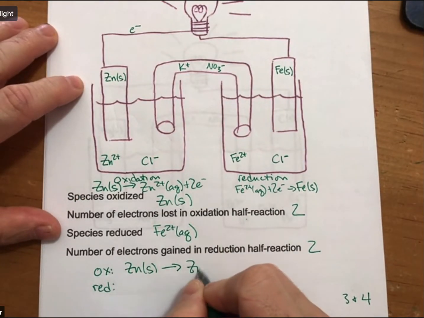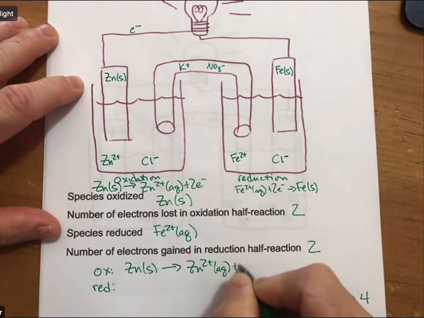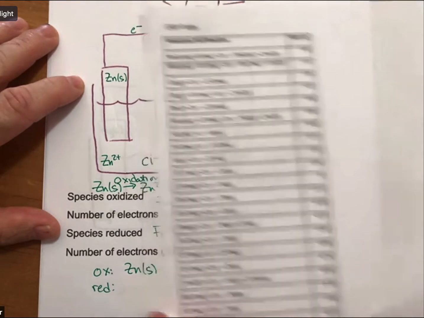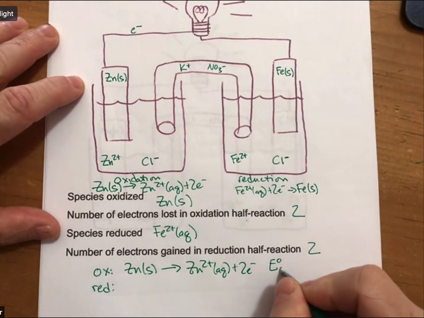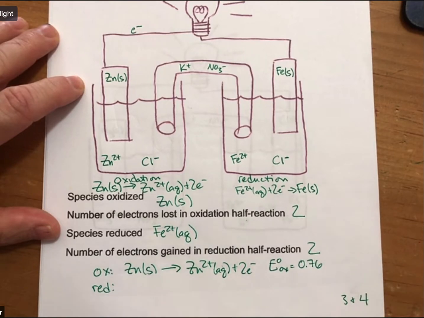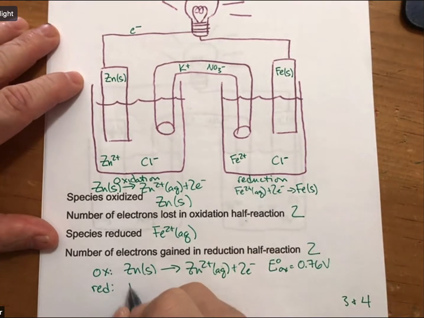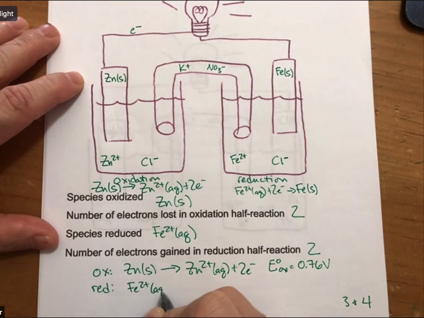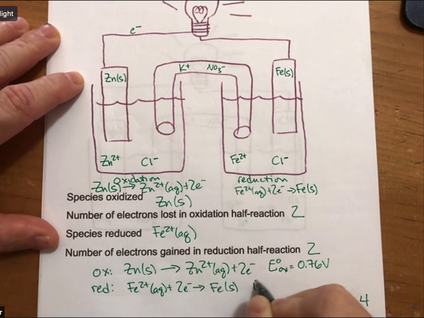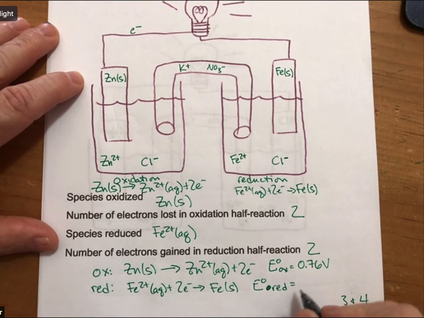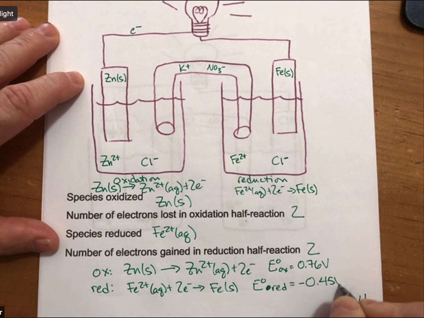So zinc solid going to zinc 2+ plus 2 electrons. From our list, the oxidation potential of that is going to be 0.76 volts. For our reduction half reaction, our reduction half reaction is minus 0.45 volts.